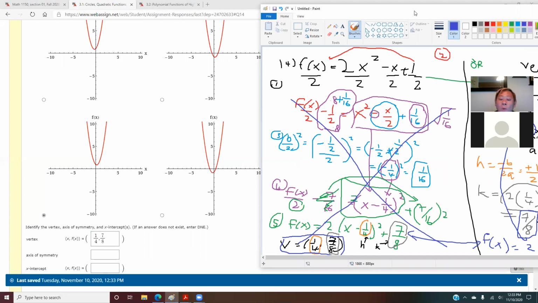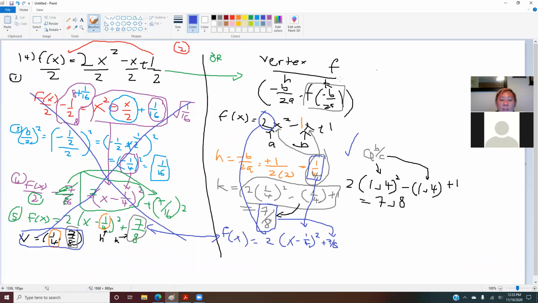Kara, so what you do here is the a that you find out here, that is your a. This h that you found out, 1/4, you put in here. The k, you put it over there. And that is your standard form in this case.